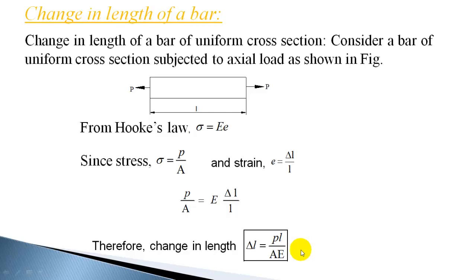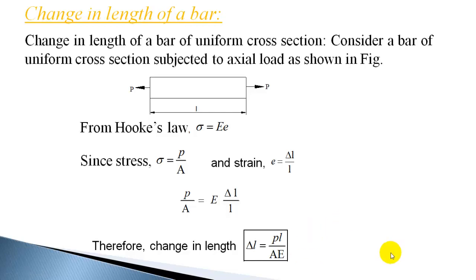Otherwise, if you have to get the elongation produced, you have to physically conduct the experiment. You have to pull the bar and measure the elongation. But without doing that, you will be able to predict the elongation or the change in length. It can be elongation or reduction in length. If a compressive load is acting, it will reduce the length.